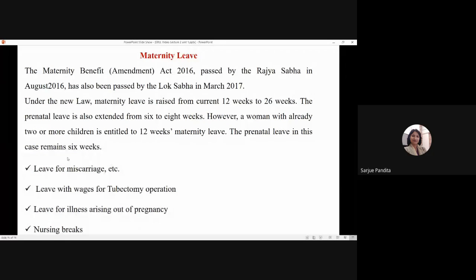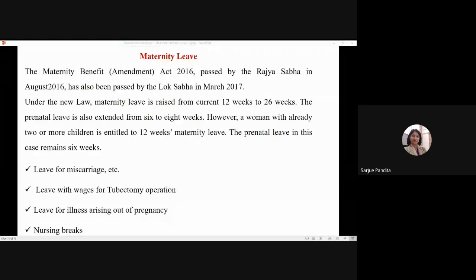So, in case of miscarriage or medical termination of pregnancy, a woman shall, on production of such proof as may be prescribed, be entitled to leave with wages at the rate of maternity benefit for a period of 6 weeks, immediately following the day of her miscarriage, or as the case may be, her medical termination of pregnancy. Then, next is leave with wages for tubectomy operation.